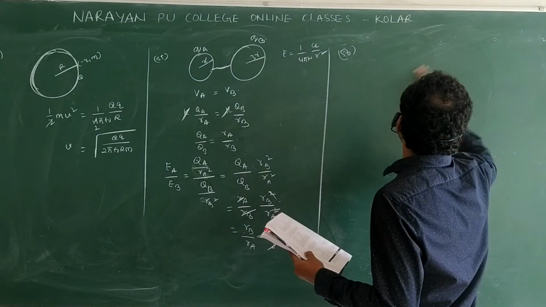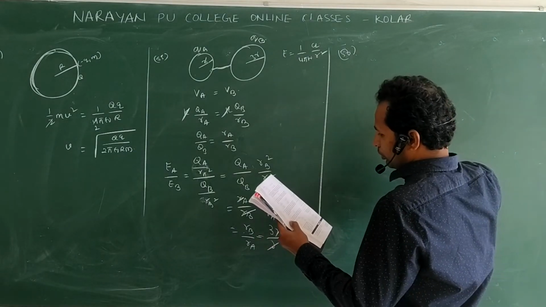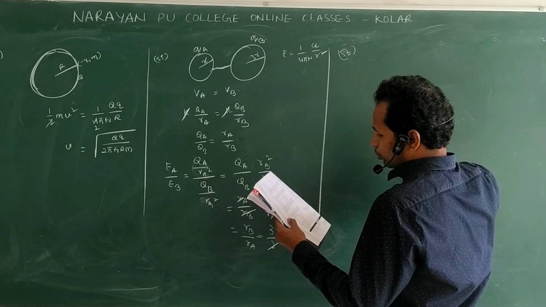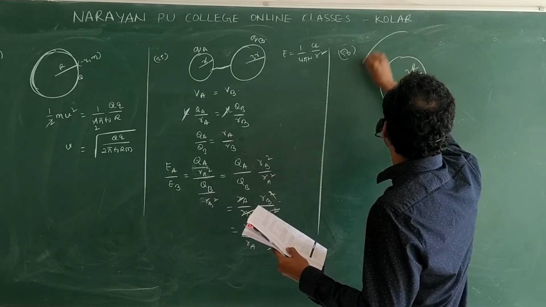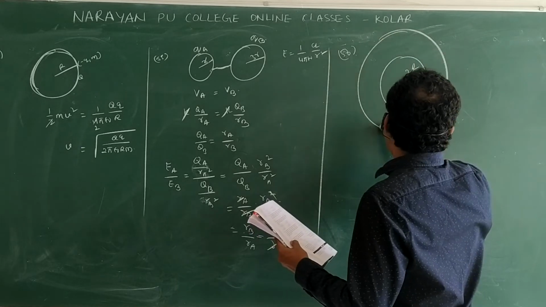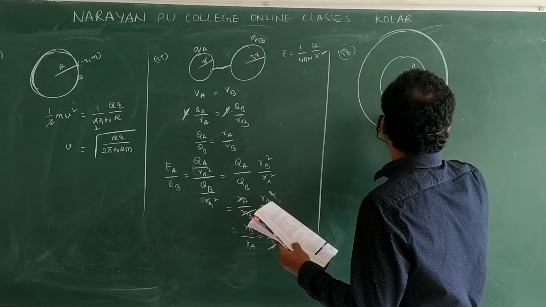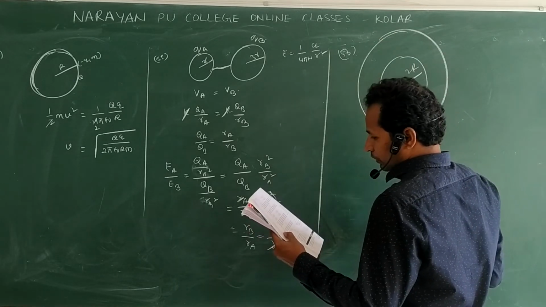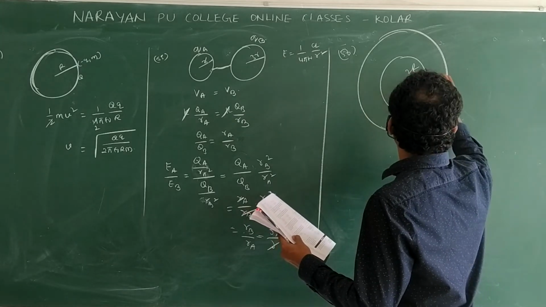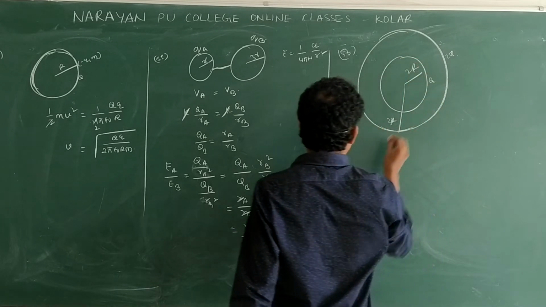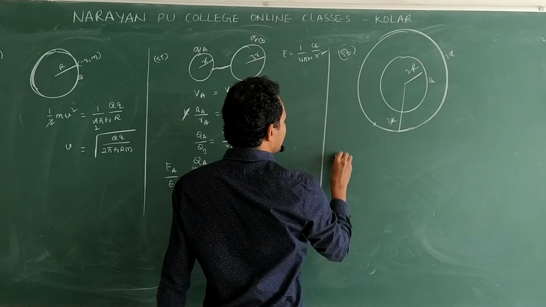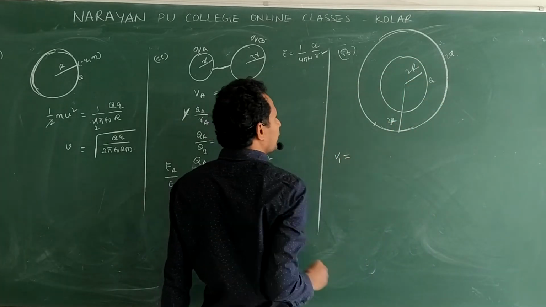Okay, now 2R and 3R. This is 2R and this is 3R. This is carrying charge Q. This is 2Q. First write the potential on the surface. Let us say V1. Total potential I am taking.